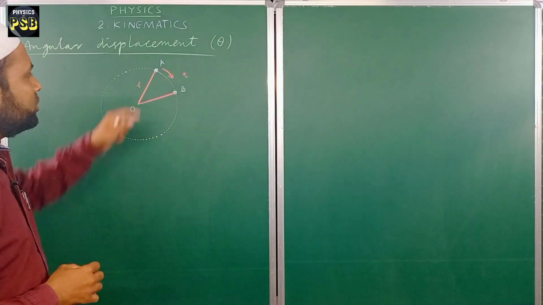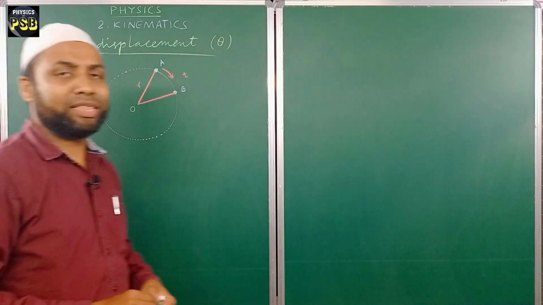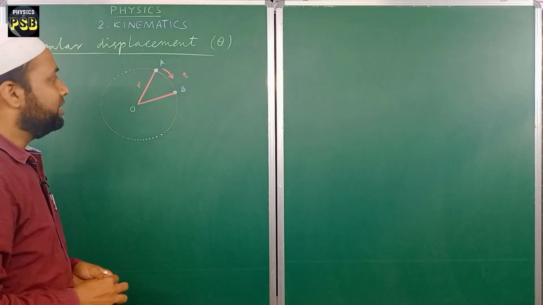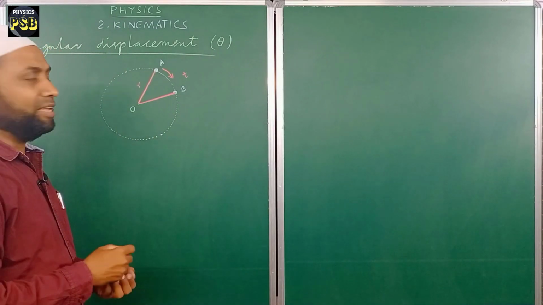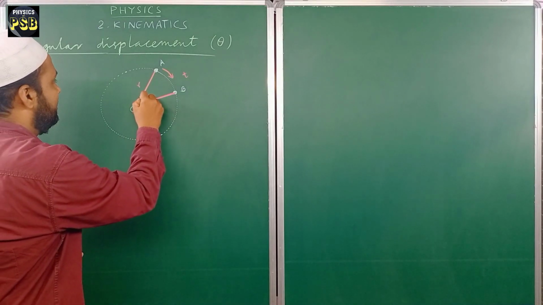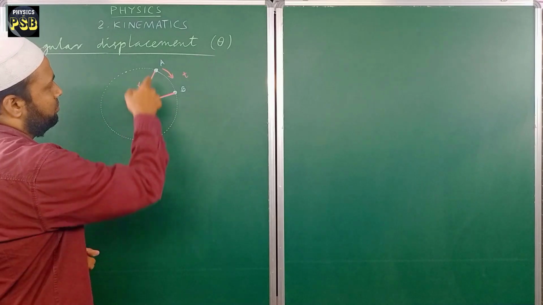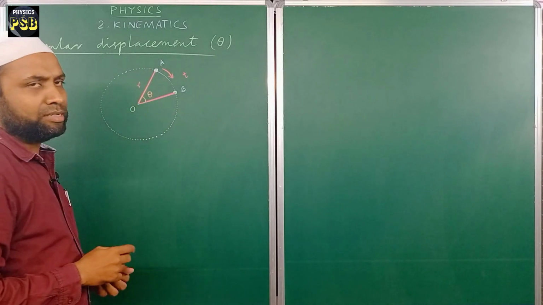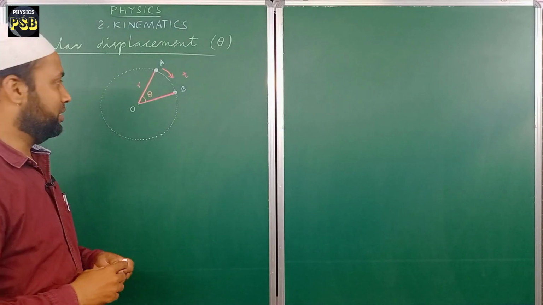So the angle swept by this line when the object moves along the circumference of the circle is referred as angular displacement. So here this angle swept by this line is referred as angular displacement.